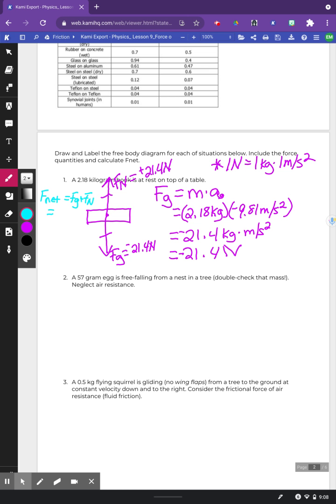So Fg is going to be negative 21.4 plus positive 21.4, which equals 0 newtons. And that's awesome because I know that it's at rest, so I know that I did everything correctly. All right, so that's just filling in what I know. And as I go down to the second part of this worksheet, I'm going to always start with what I just did in order to solve the problems that I'm working on.